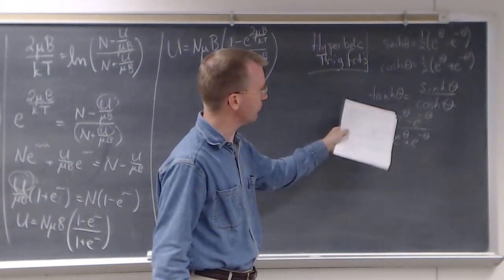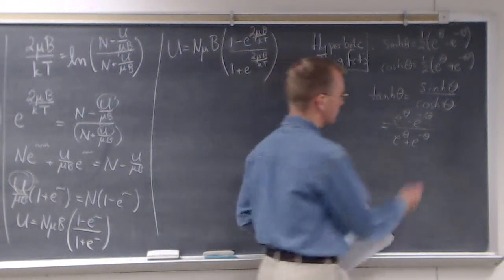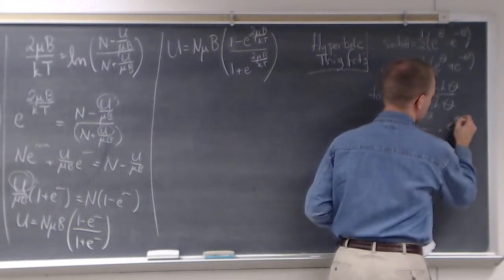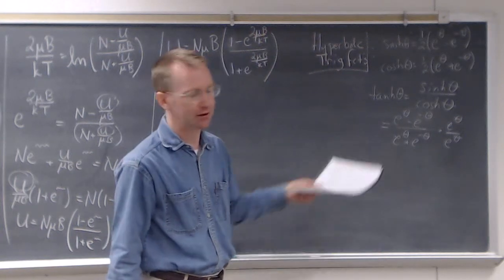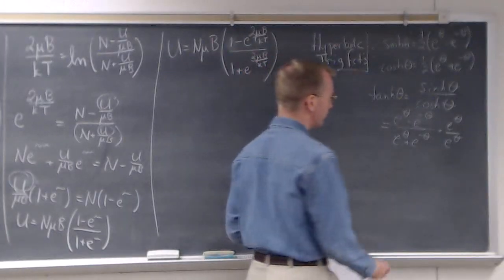If we multiply numerator and denominator by e to the theta, okay, we're just multiplying by 1, cleverly disguised as a ratio of two exponentials.